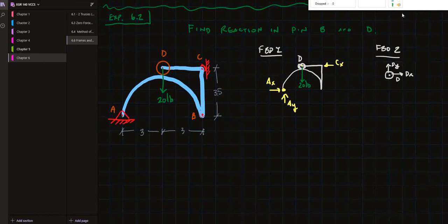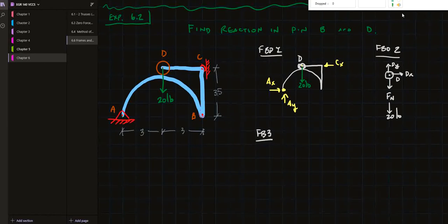Go from the bottom edge here. Force normal. I guess we'll draw it like that. And then I have one more reaction because this has 20 pounds. I have 20 pounds in addition to this that is centered at D. So we'll draw something like that. Okay, let's continue on.